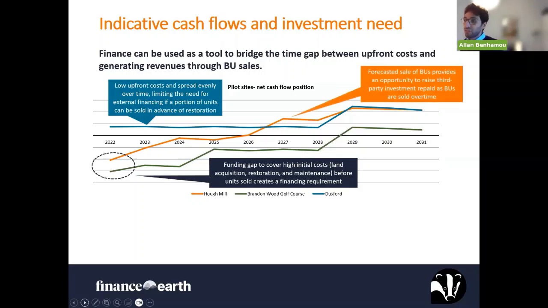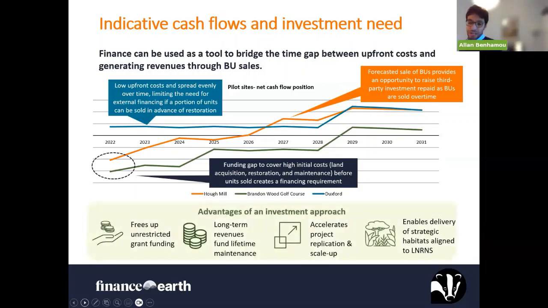Then again, the forecast of sales of biodiversity units provided an opportunity to raise third-party investments that could then be repaid as biodiversity units are sold over time. The last point, I think, is that a key advantage of an investment approach is that it can possibly free up unrestricted grant funding, because in some cases people have been looking at site acquisition using grants, or using grants to cover part of the restoration cost.